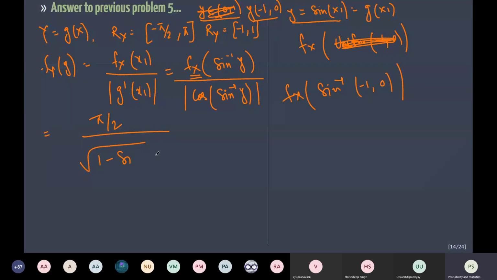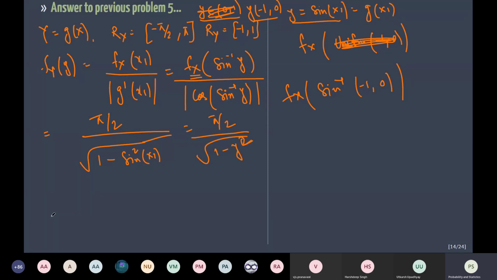So I can write 1 minus sine square of sine inverse y, or compactly as sine square x1. So sine square x1 is y square, so this is like pi by 2, and then sine square x1 is 1 minus y square. Okay, this is what I get in this.